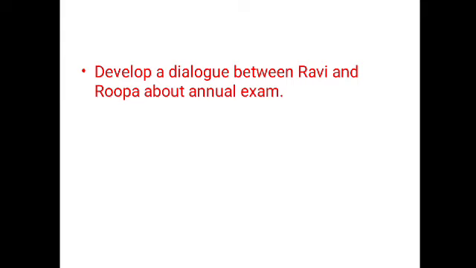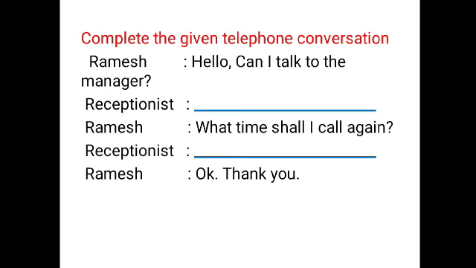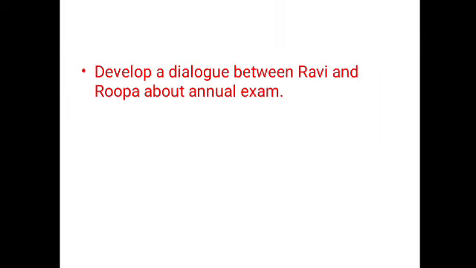Develop a dialogue between Radha and her mother about an educational tour, about watching a movie, about attending a program. So they will give you a situation, and based on the situation, you will have to develop a dialogue between two persons. They may ask you to complete a dialogue, or they may ask you to develop a dialogue between two people.